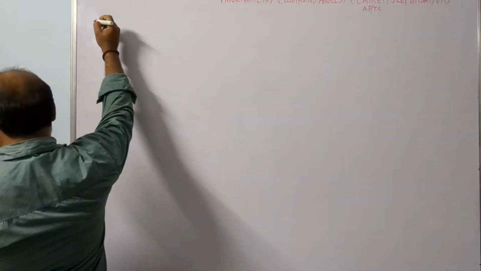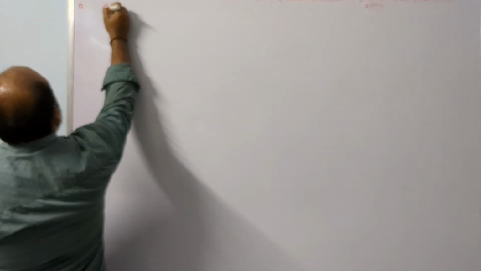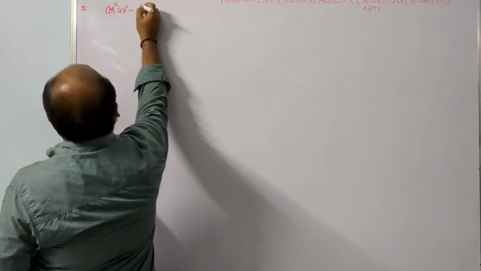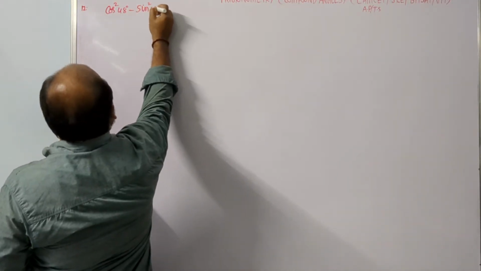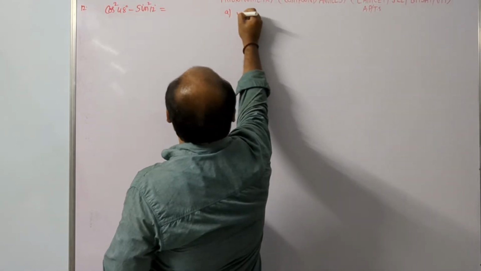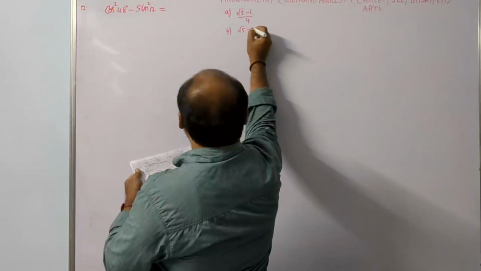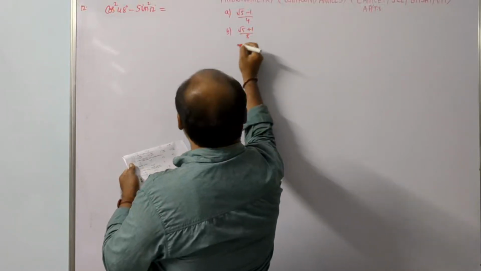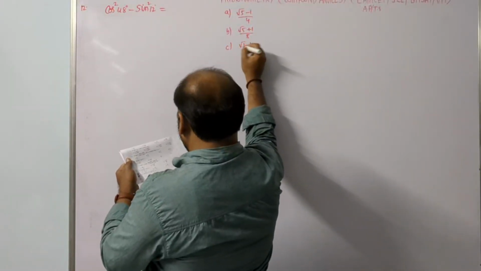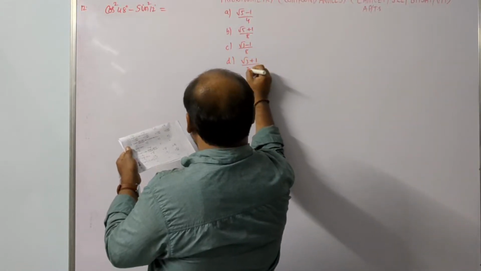Next question number 12. Cos square 48 degrees minus sin square 12 degrees is equal to, options provided: minus 1 by 4 root 5 plus 1, 1 by 8 root 3 minus 1, 1 by 8 root 3 plus 1, 1 by 2 root 8.